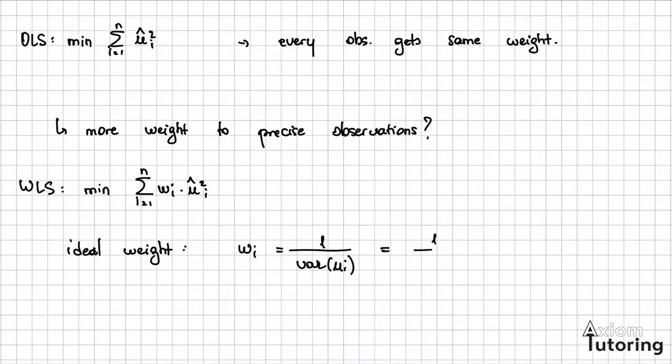So in a sense, it's 1 over sigma squared i, because in this case, sigma squared will be different for every observation. And because it's 1 over sigma squared i, you can see a higher variance will mean a smaller weight, which means the observation matters less. And a lower variance would mean a larger weight and the observation matters more.